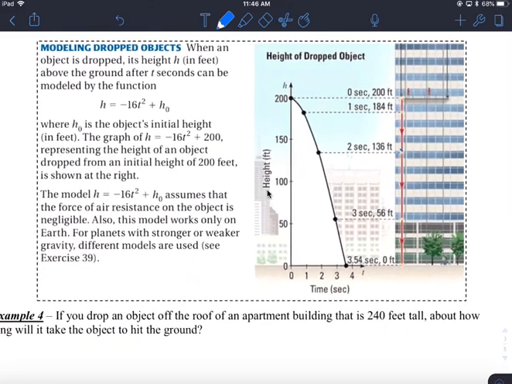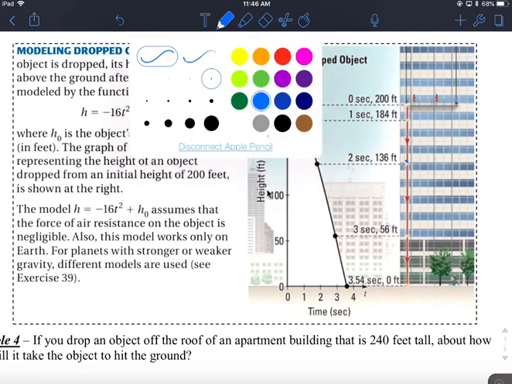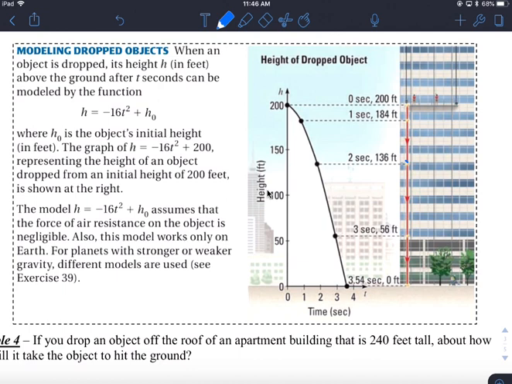So I just want to read this little box here with you. It says modeling dropped objects. So the picture here seemed kind of confusing. This is not actually what we're modeling over here. We're actually modeling someone standing on top of a building or at some height and just dropping an object straight down.